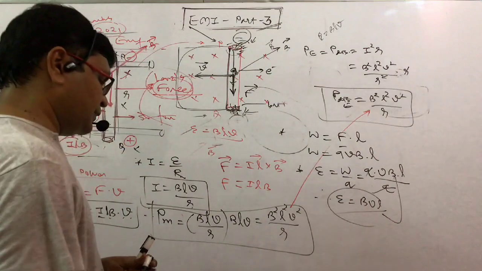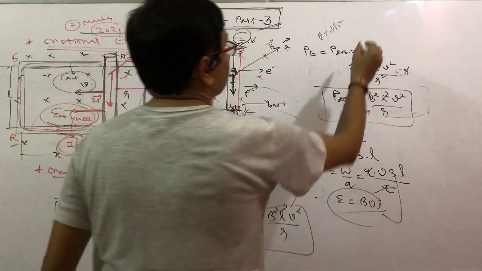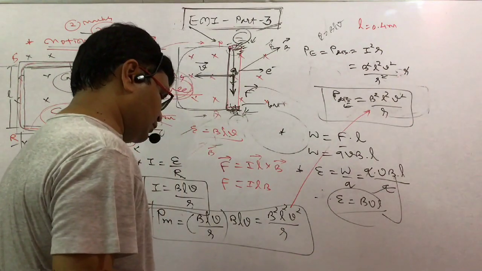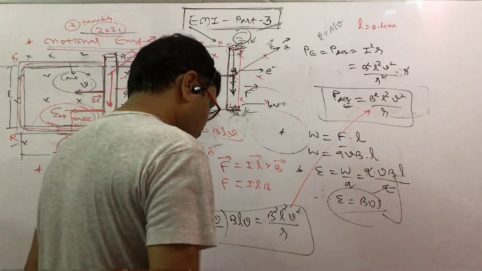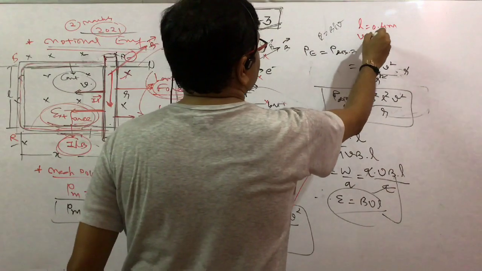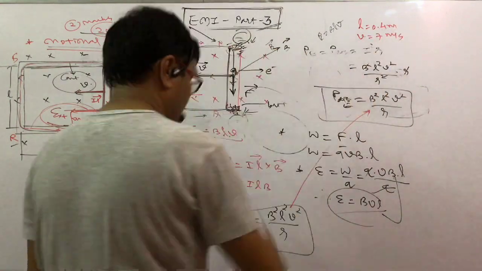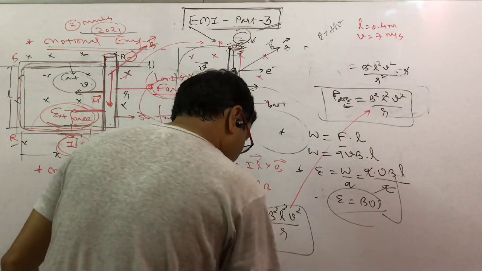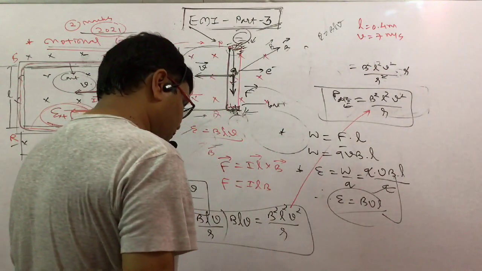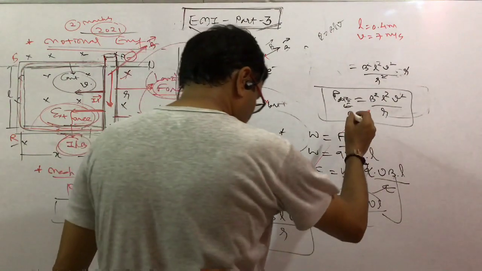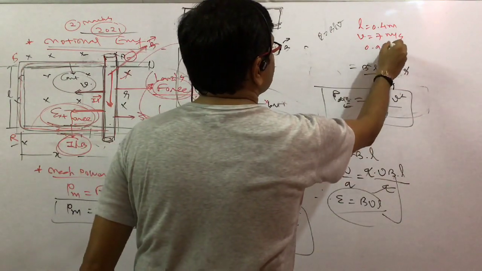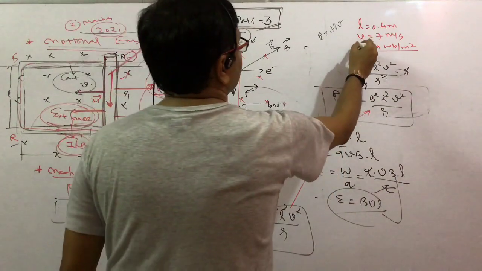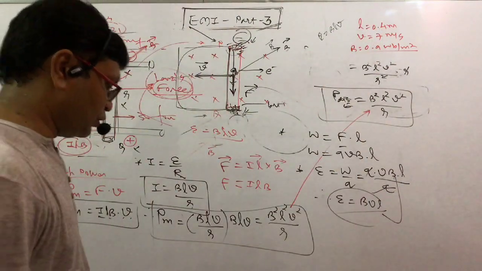A straight line conductor of length 0.4 meter is moved with a speed of 7 meter per second. Ready? What is the speed of this rod? 7 meter per second. It is already passing perpendicular to magnetic field with intensity 0.9 Weber per meter square. What is the intensity for magnetic field? 0.9 Weber per meter square or Tesla.